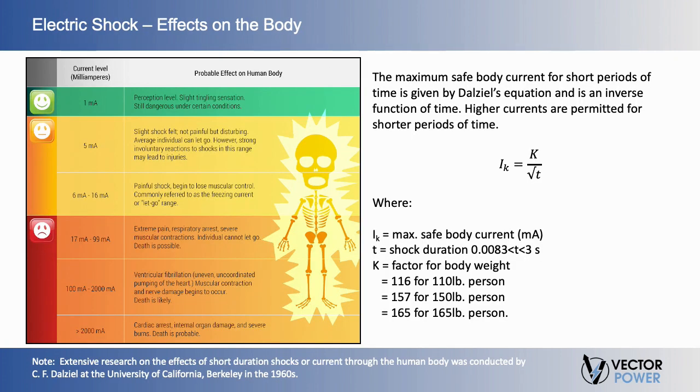Dalziel's equation gives the maximum safe body current for short periods of time, which is an inverse function of time. Higher currents are permitted for shorter periods.